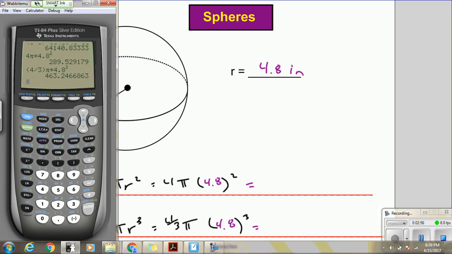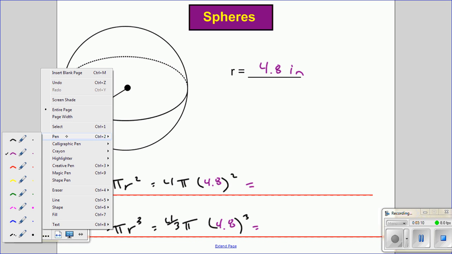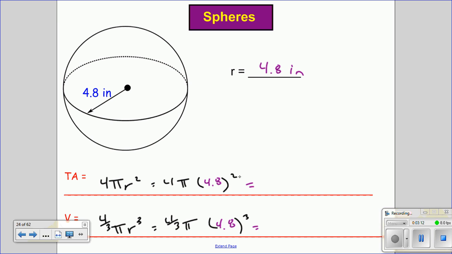So our surface area is 289.53 and our volume is 463.25. Let's write those down. I forgot them already. I believe it was 289.53 and 4 something.